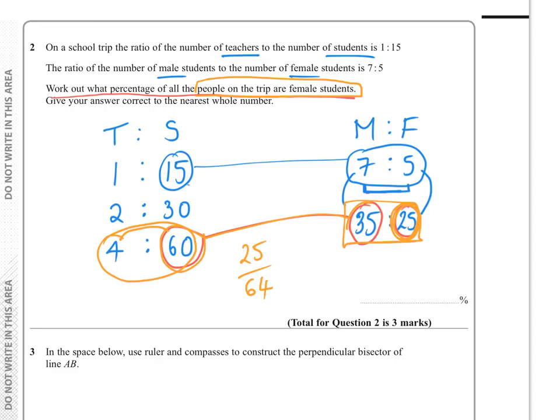That would be the percentage of students that were female, but the teachers went on the trip as well. So it's 25 divided by 64, and as a decimal that gives me 0.3900625, and of course to change a decimal into a percentage we times by 100, so we'd get 39% to the nearest whole number. Okay.